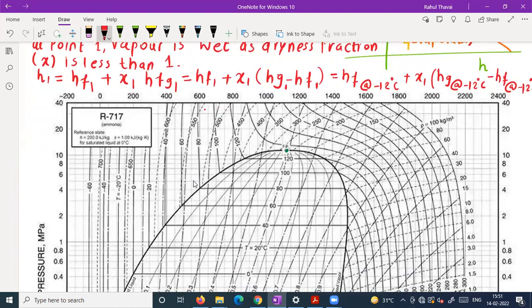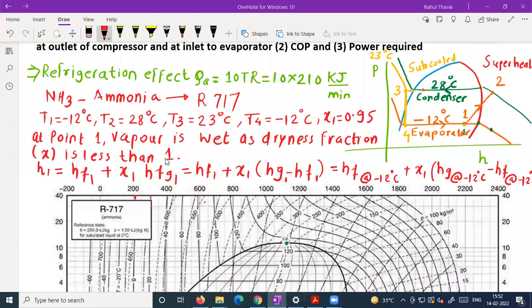You can see this line. Okay, 80 degrees Celsius, 60. All of you, minus 12.